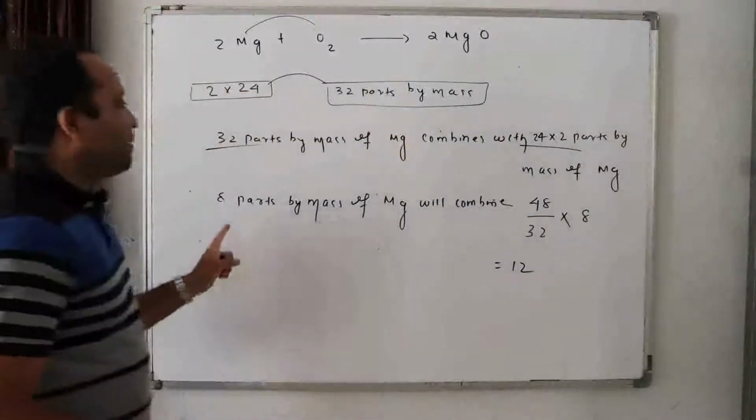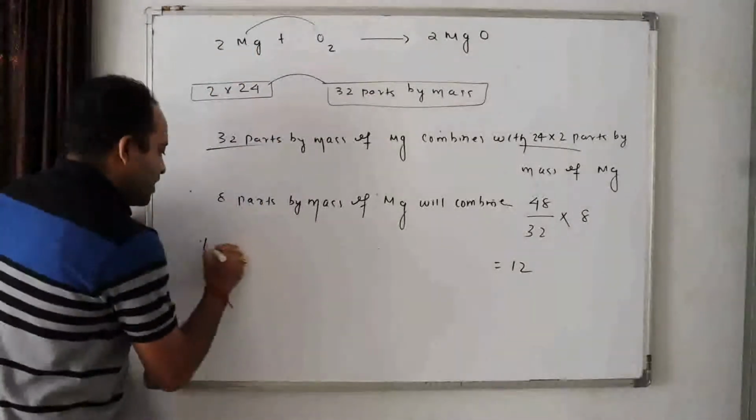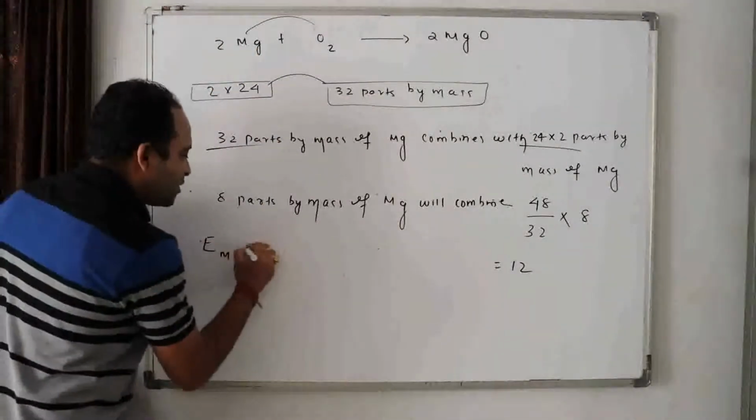That means equivalent mass of magnesium is how much? 12.